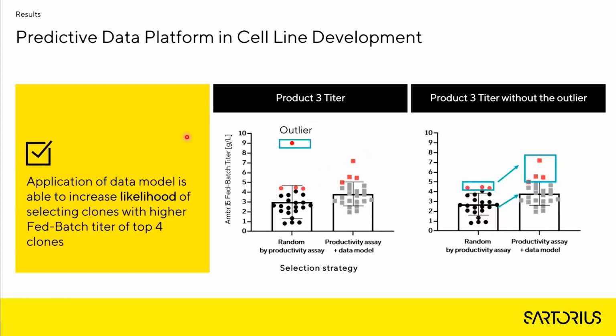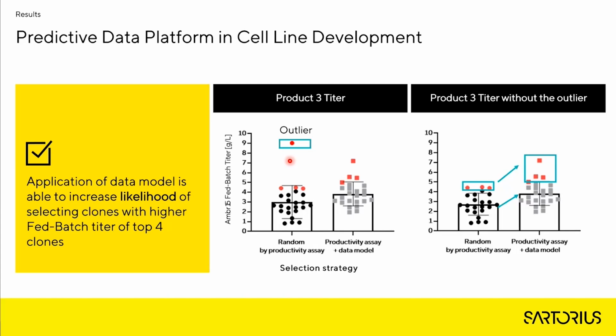I also have another example, product 3 here, which is also interesting to look at. When you compare the new selection strategy based on the data model with the random one, you see in the left-hand side picture that there's an outlier, and the highest producing clone was not selected with the model but with the random strategy.